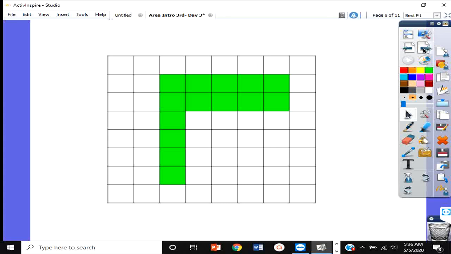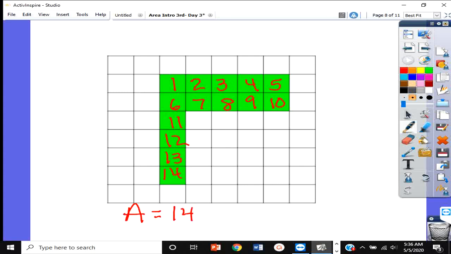Are you ready to see if you're correct? Let's go ahead and count. 1, 2, 3, up to 14. It took 14 squares to fill that shape, so the area of that shape is 14 square units.